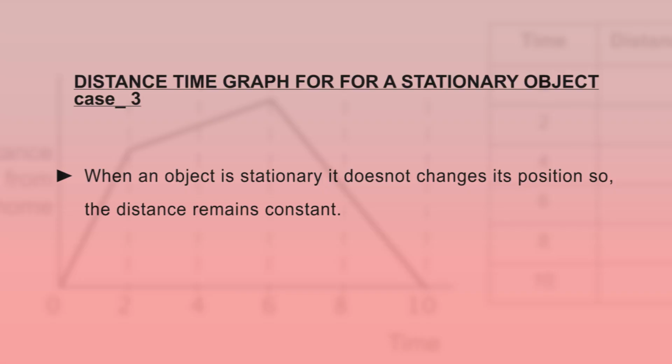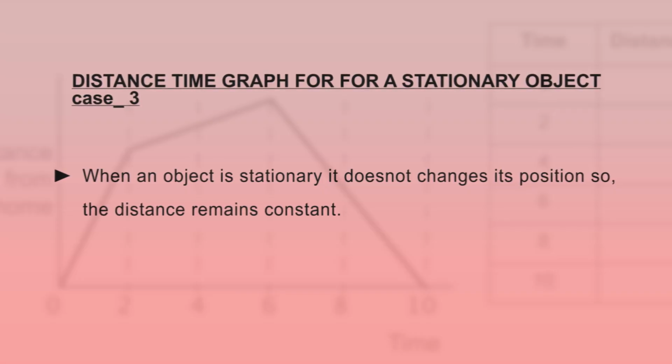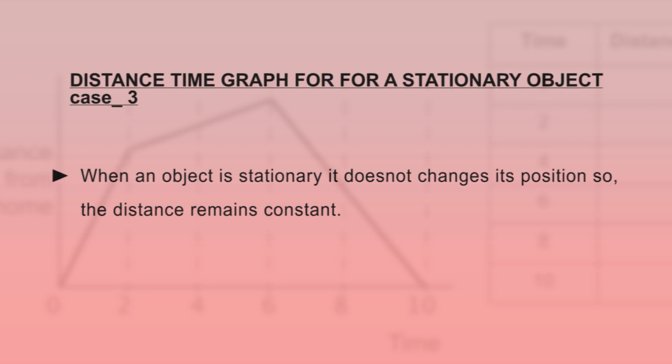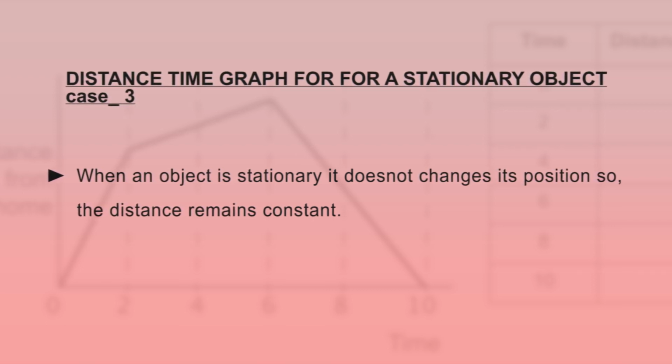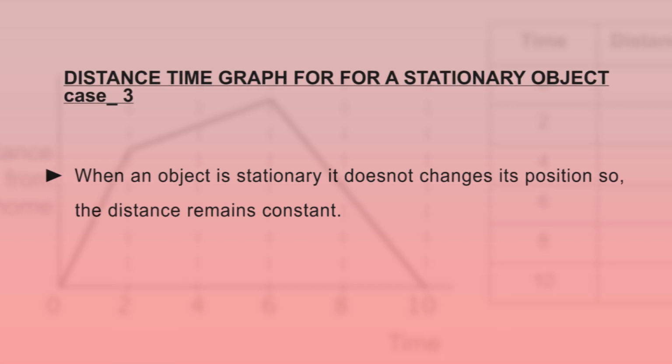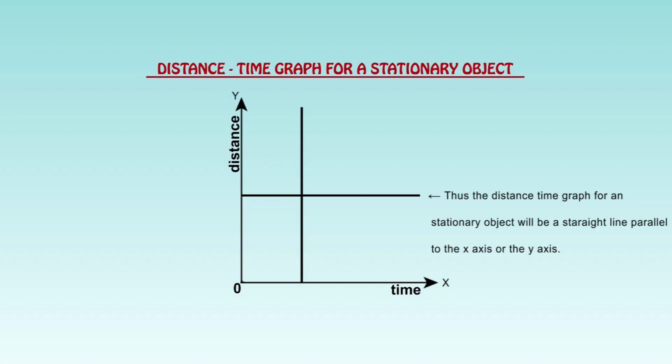Third case, distance time graph for a stationary object. When an object is stationary, it does not change its position. So, the distance remains constant. Thus, the distance time graph for a stationary object will be a straight line parallel to the time axis or the x-axis.